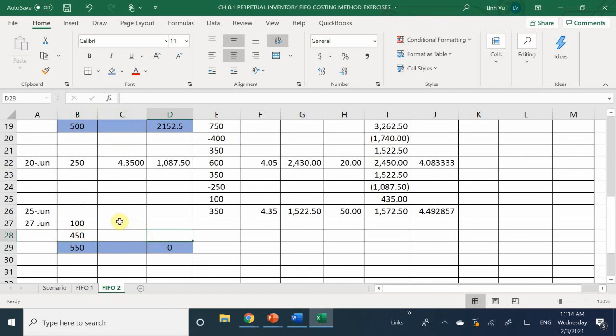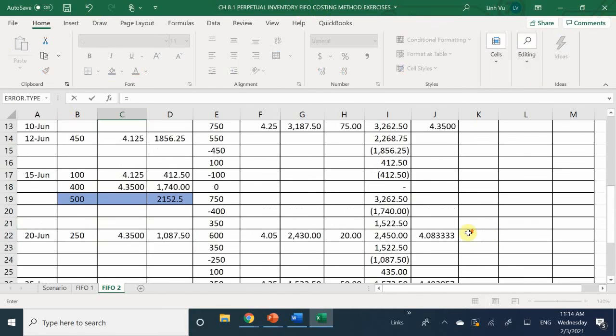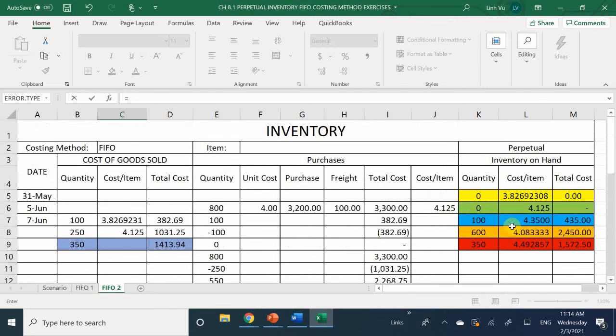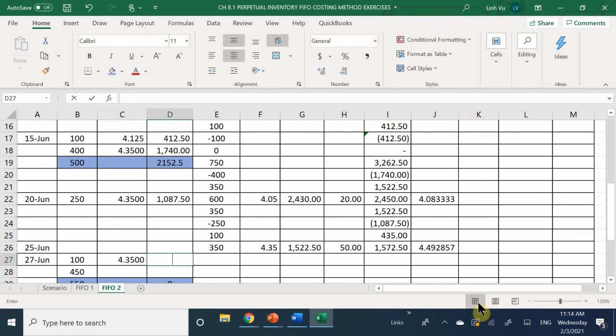Okay. So again, from our little thing here, we know that this 100 from our blue is going to cost me $4.35 each. So I know for sure that's going to be 435 even. Okay.